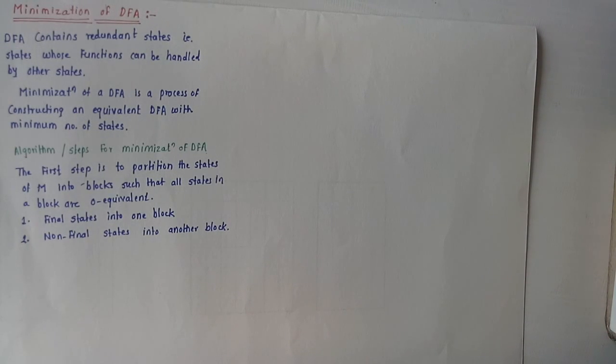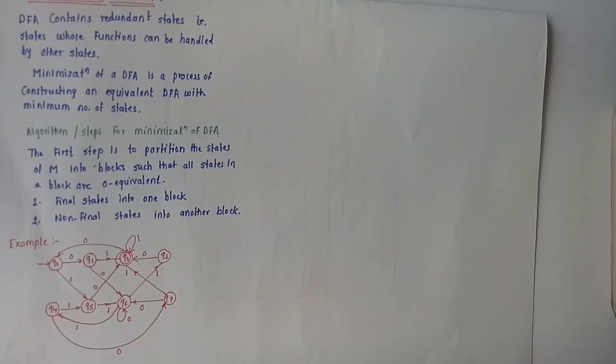By using an example we understand the minimization of the DFA. This is the example. Here we define the DFA. From the DFA we prepare the transition table.